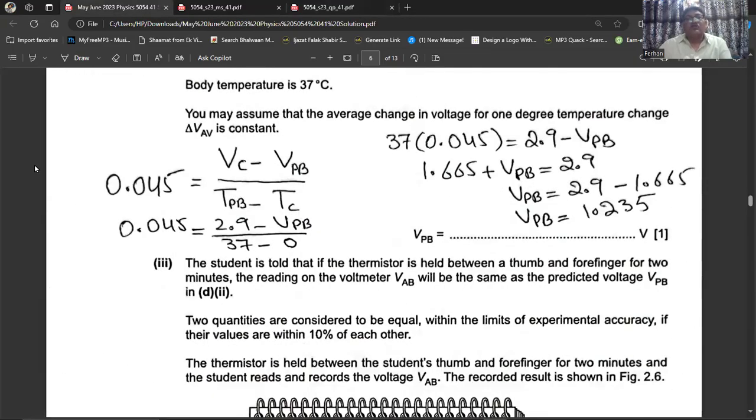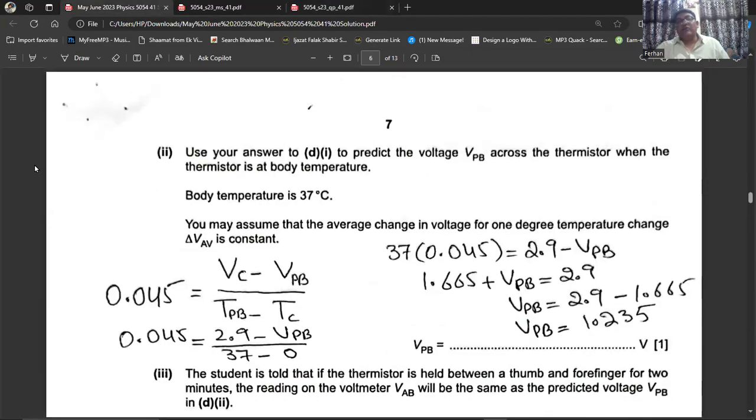Okay. So I'm going to use this equation, the voltage when the thermistor is in the ice and water minus the VPB when the thermistor is at the body temperature. Here is the temperature of the body minus the temperature of the ice and water. The delta V remains the same as in the previous part.